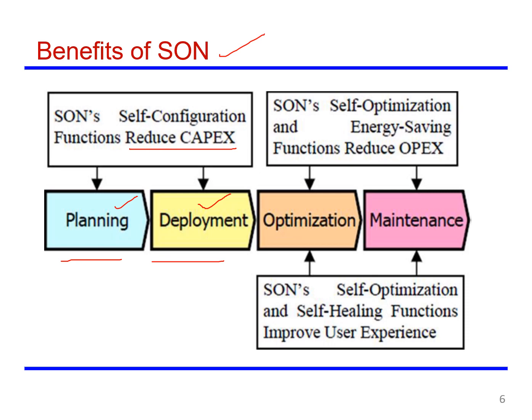That capital expenditure will be reduced because of the SON, which performs the self configuration. And regarding OPEX, as we discussed, the self-organizing network will try to reduce the operation expenditure because it will perform automation of optimization, automation of the troubleshooting process, thereby it will reduce, and also energy saving activities also it will do.